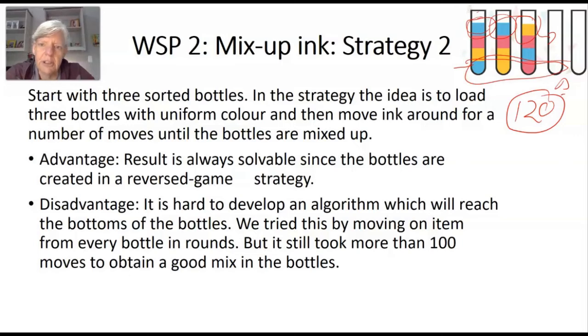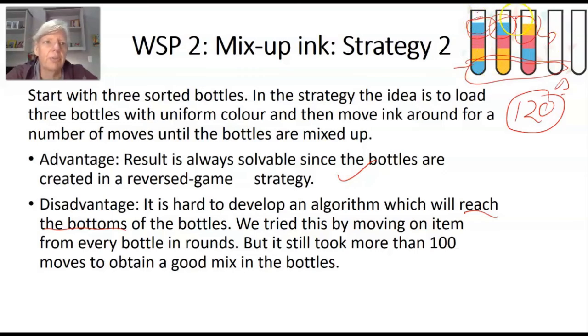The advantage is it's solvable because you are playing the game in reverse. You do the reverse of what you expect the user should do. The disadvantage is reaching the bottoms. So I solved it by doing rounds.